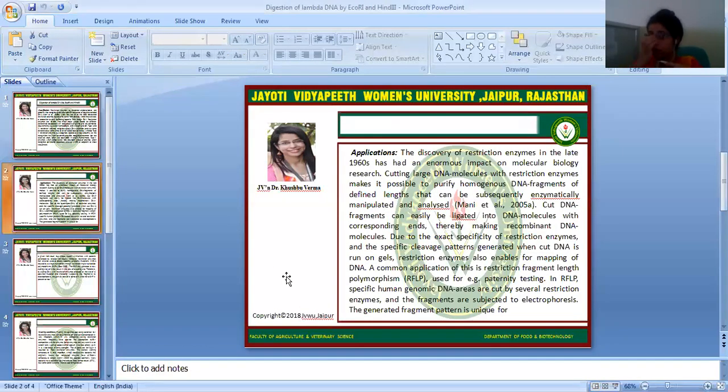Next, we will go for the application. The discovery of restriction enzymes in the late 1960s has had an enormous impact on molecular biology research. Cutting large DNA molecules with restriction enzymes makes it possible to purify homogeneous DNA fragments of defined length that can be subsequently enzymatically manipulated and analyzed.